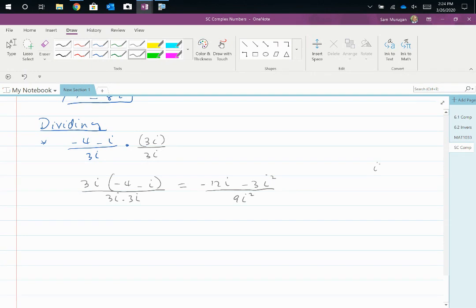Remember that i squared is equal to negative 1. So this becomes negative 12i minus 3 times negative 1 over 9 times negative 1, which is negative 12i plus 3 over negative 9.